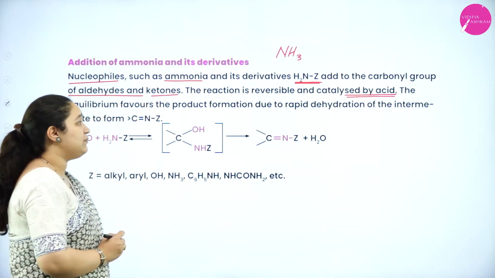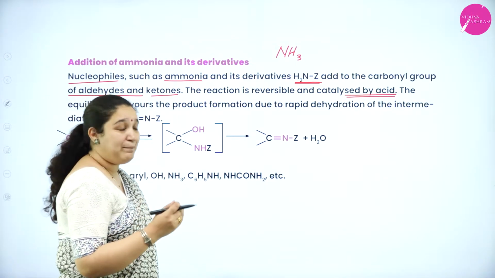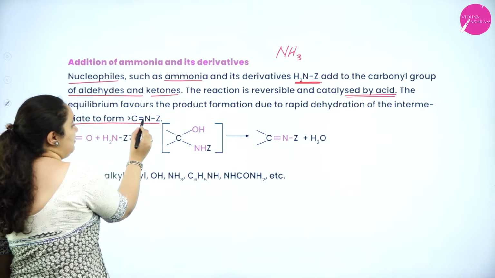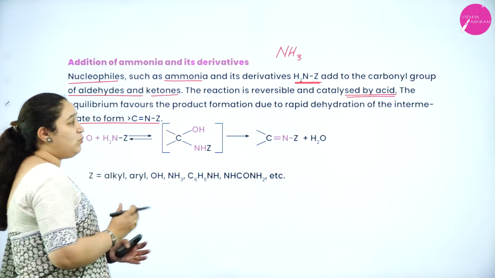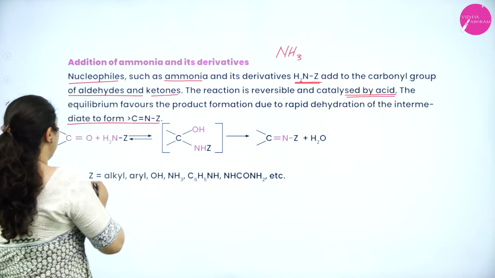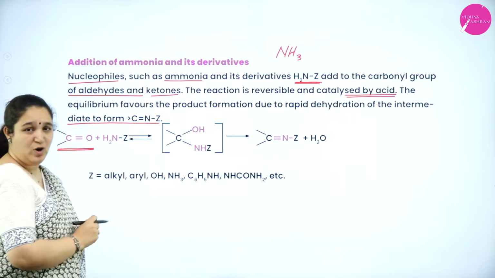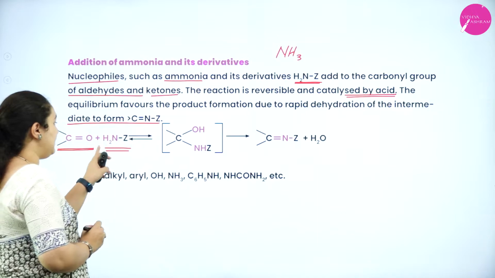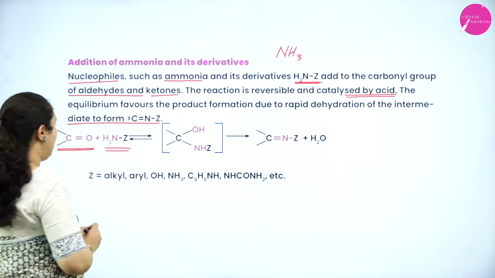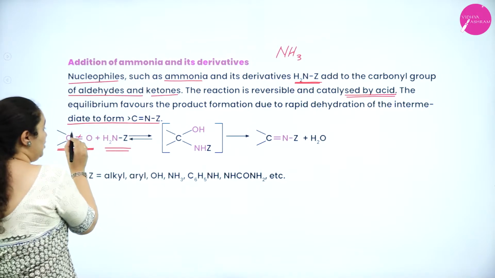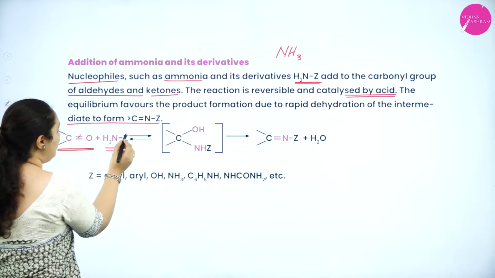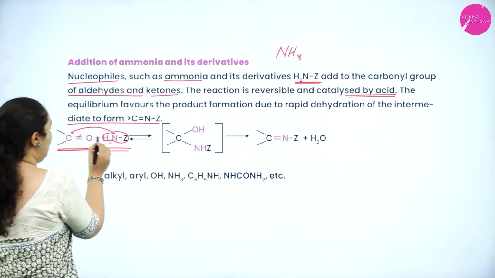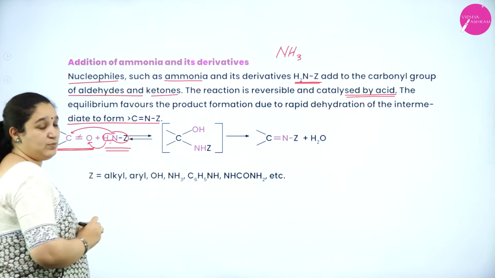The equilibrium favors the product formation due to the rapid dehydration of the intermediate to form the carbon double bond NZ bond. So what happens is, for example, you have the carbonyl group of an aldehyde or a ketone and you have a derivative of ammonia, that is the NH2Z group. First, the C=O pi bond breaks. To the carbon atom, the N, one H and the Z group add, and one more hydrogen gets added to oxygen.